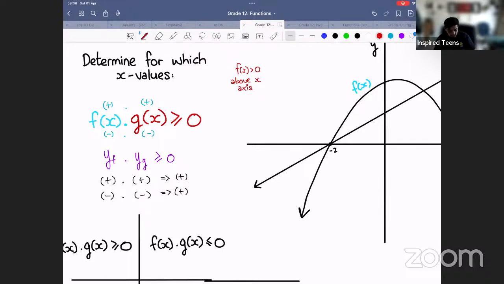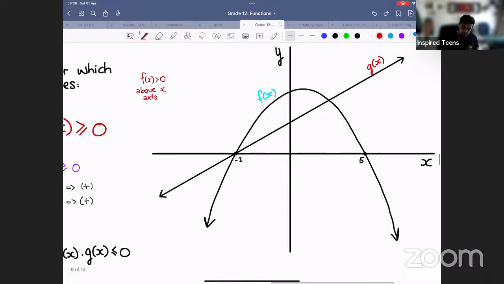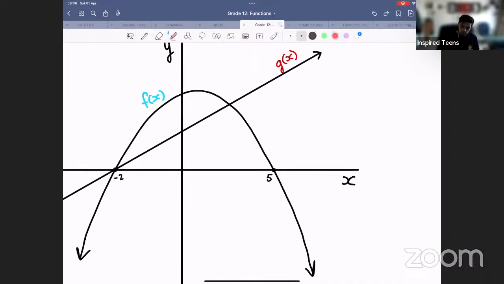F of x is greater than 0 when we are above the x-axis. So f of x being greater than 0 and g of x being greater than 0 means g of x above the x-axis and f of x above the x-axis at the same time. So we can identify them one by one.